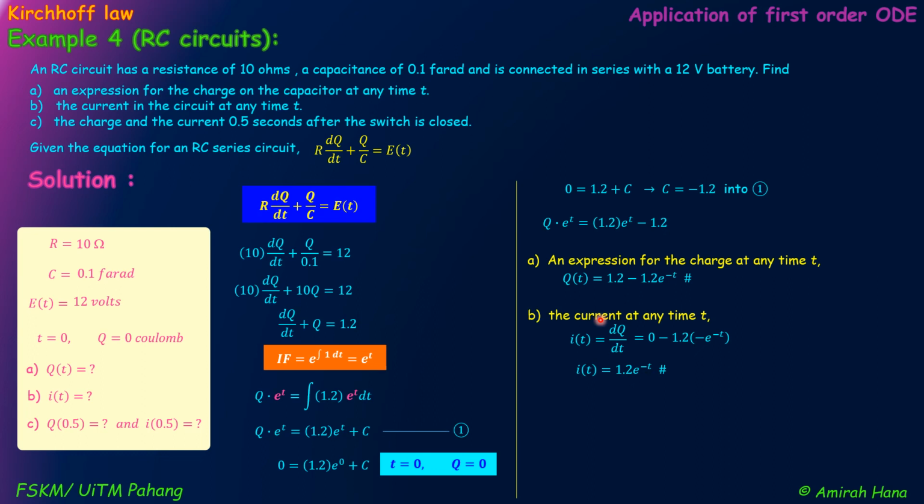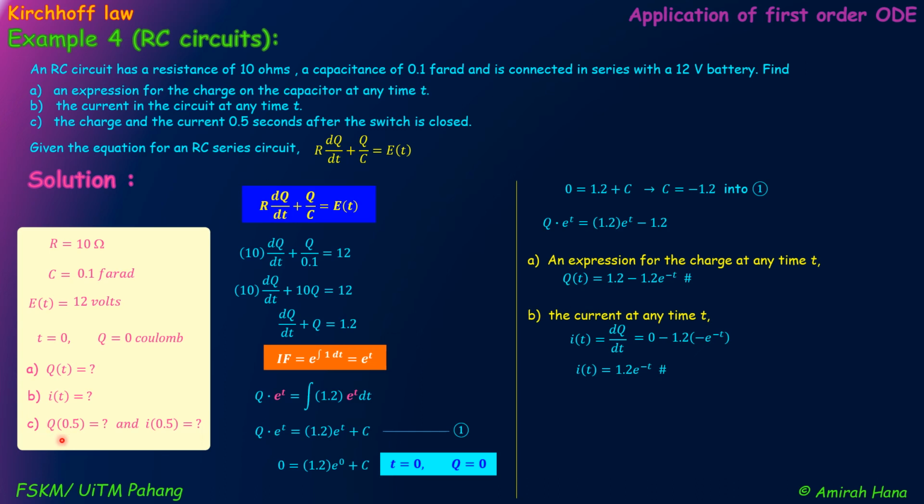This is the current at any time t. In an RC circuit, to find the current, we differentiate the charge with respect to time.